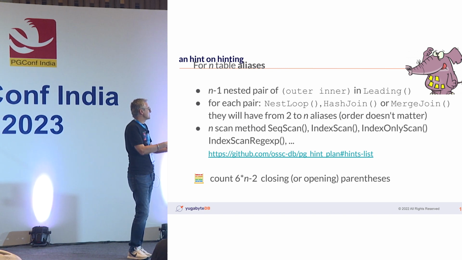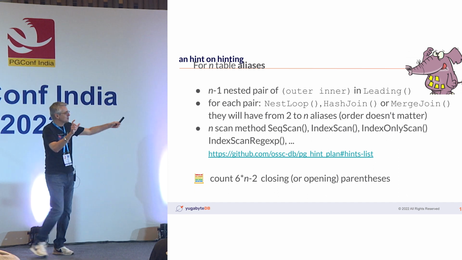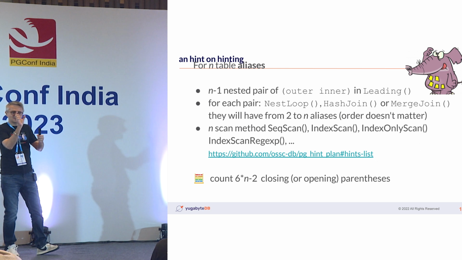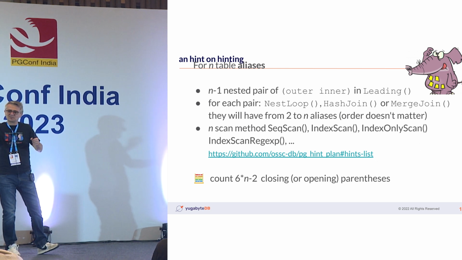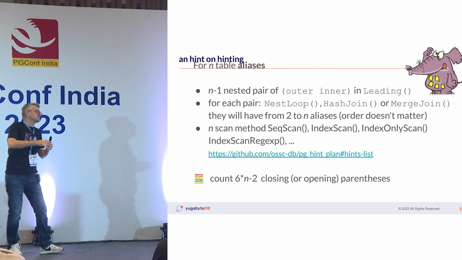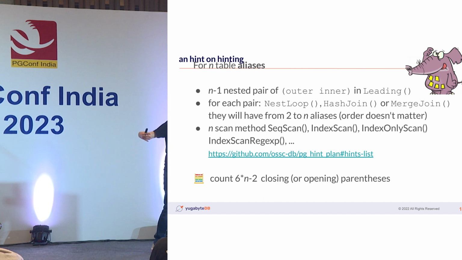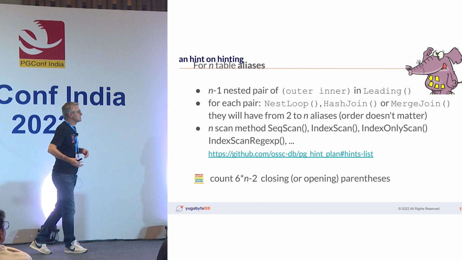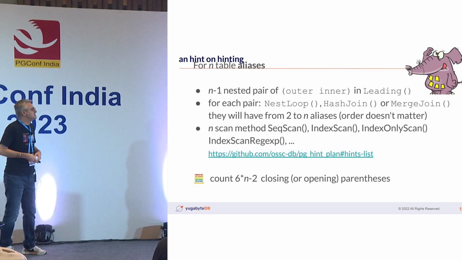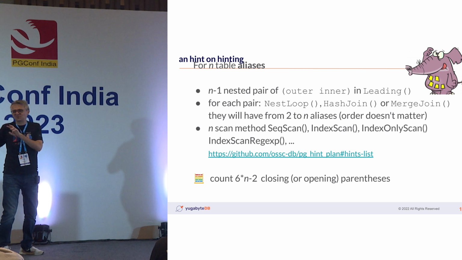And they will have from 2 to n aliases. For the first join, the join method will say AB. For the second one, it will say ABC. Join into C when coming from those tables. And then, for each alias, you will have the access path. So SeqScan, IndexOnlyScan. There is also an IndexScanRegexp. If you have a special naming in your indexes, you may use that.